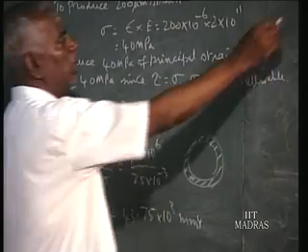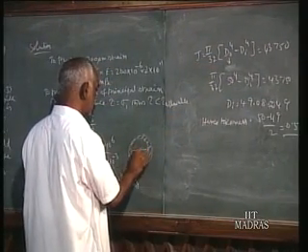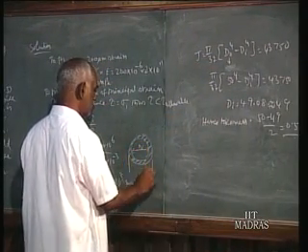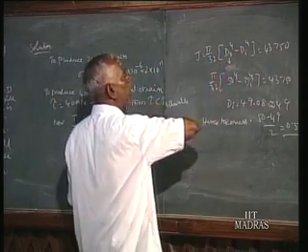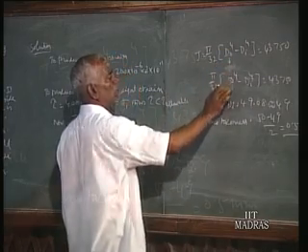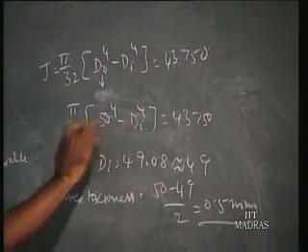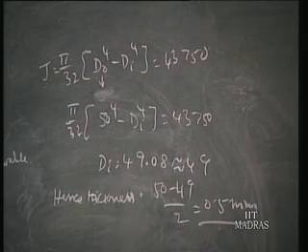If J is the polar moment of inertia in terms of DO and DI, where DI is the inside diameter and DO is the outside diameter, then the polar moment of inertia is given by this equation. DO is already given as 50 mm. So DI from this equation you get 49.08. You can take it as 49 millimeter.